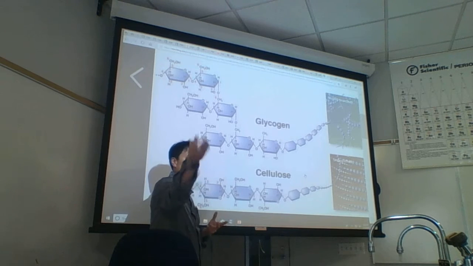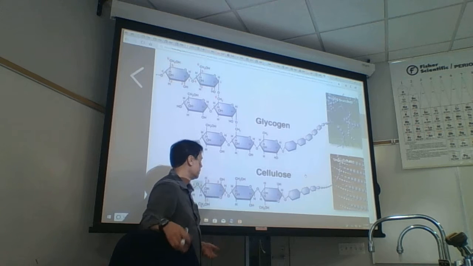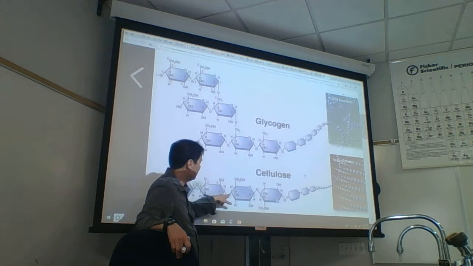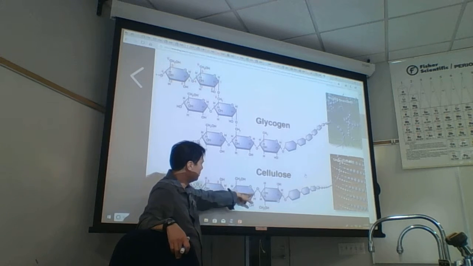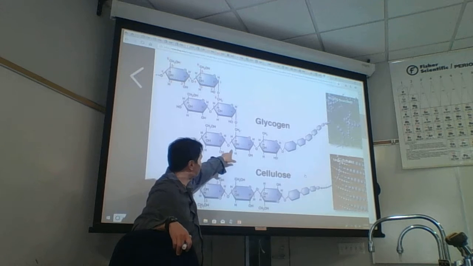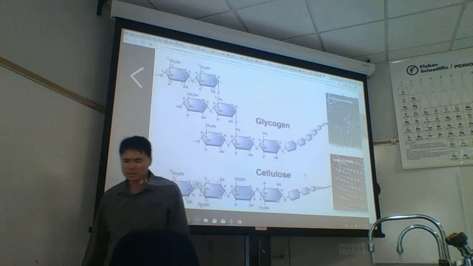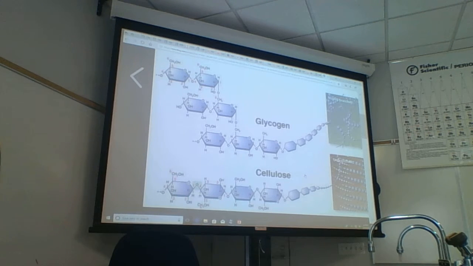What's supposed to be here isn't. Just because of the way the links are, take a look at the COC link here, this kind of ether type link, is different than in glycogen. And therefore, cellulose we can't metabolize, whereas glycogen we can.